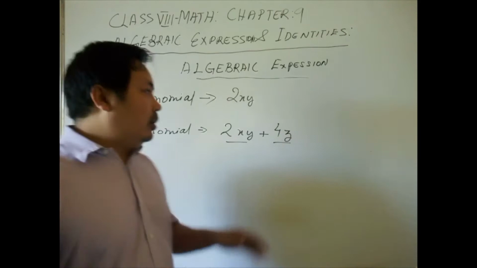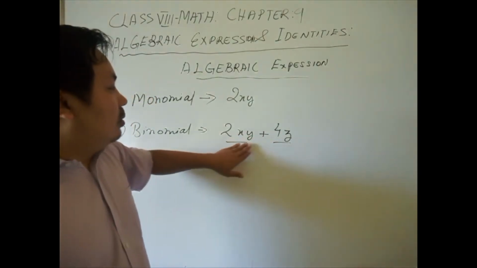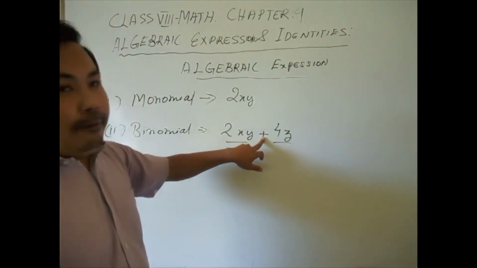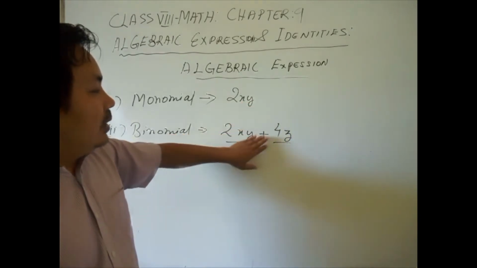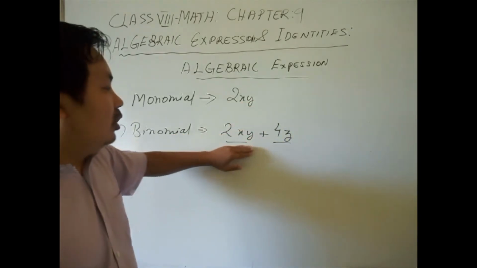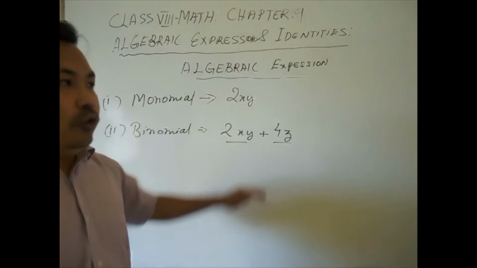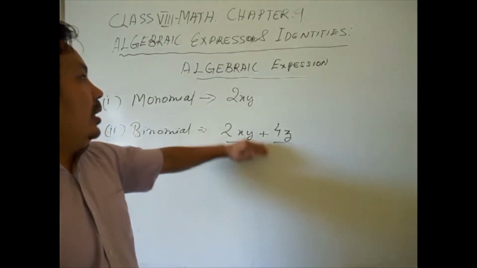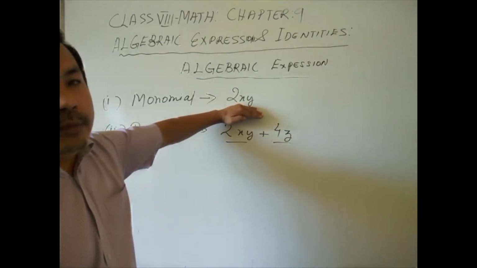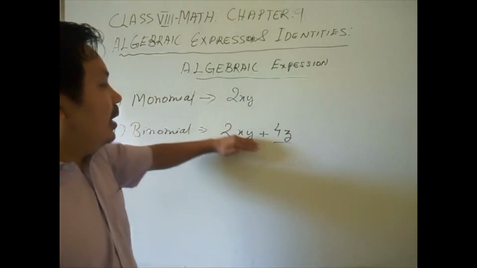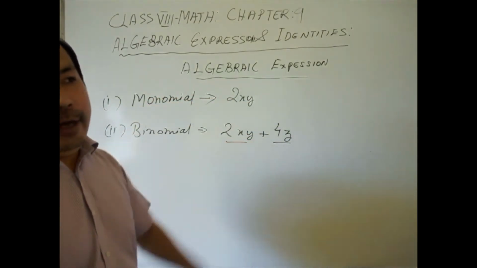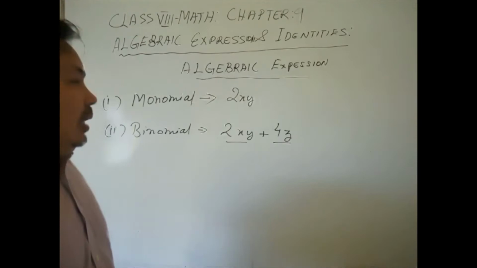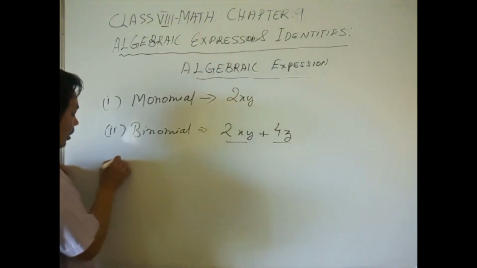Clear? So you see here, in between these terms, one operation is plus. So this plus is separating these into two terms. So the expression having only one term is called a monomial, and the expression where you can find two terms is called a binomial. And trinomial.